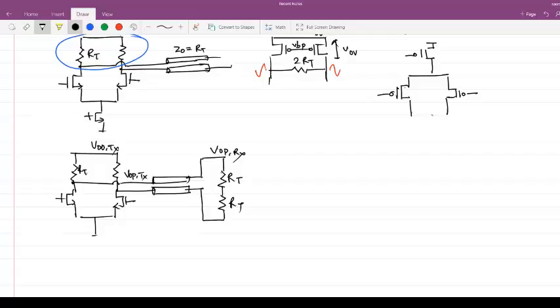The benefit is you do not need to maintain any specific voltage on the receiver side. But the problem is that you have only differential termination on the receiver side and no common mode termination. So if there are any common mode reflections, that will degrade the signal swing at the output.